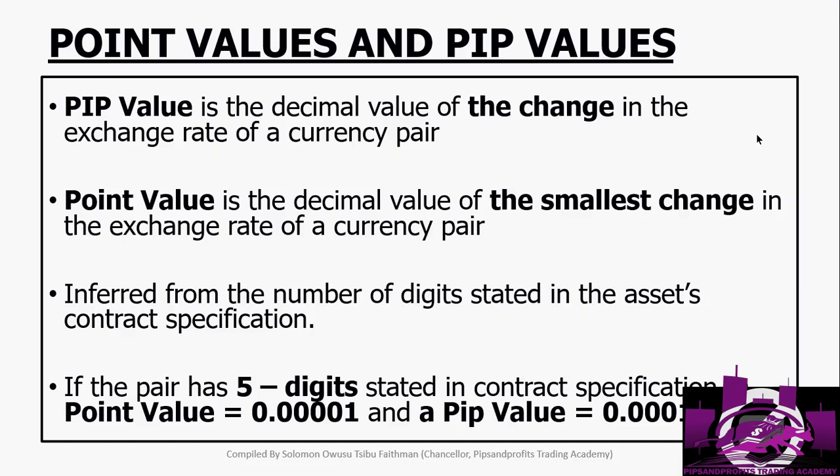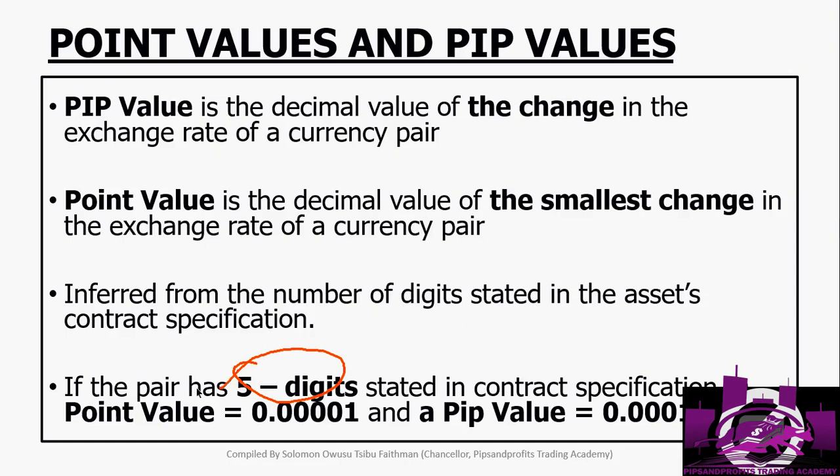Yesterday we looked at it. So you see that they have written the digits to be 5 digits. What will be the pip value? Let's say 2 digits. What is going to be the pip value or the point value? Let's go through that.